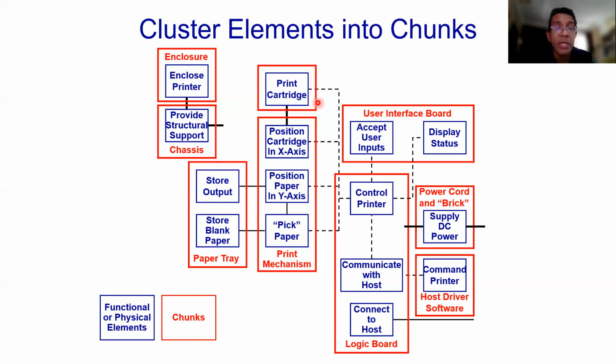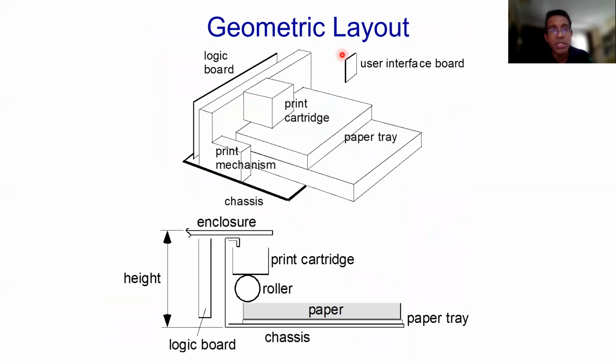So from here we have a geometry layout, a concept geometry layout, using 3D or using a board, whatever. You can see the shape, the height, the paper loading, cartridge, rollers. So that is how to indicate your product. We call this a concept design, geometry layout.